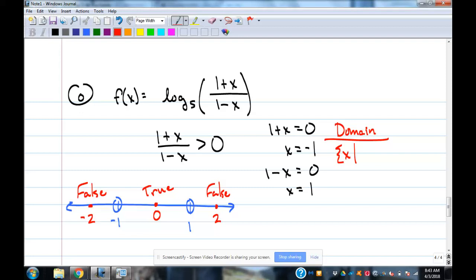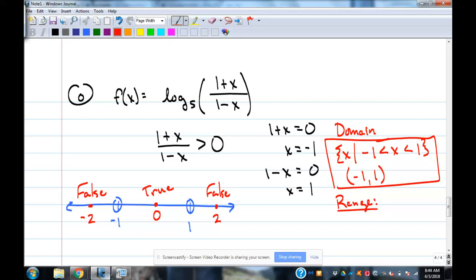So when there's something different in here, yeah, your domain is going to be different. Always. So the inequality from between negative 1 and positive 1 would be negative 1 is less than x is less than 1. Negative 1 to positive 1. That's the interval notation. The range.